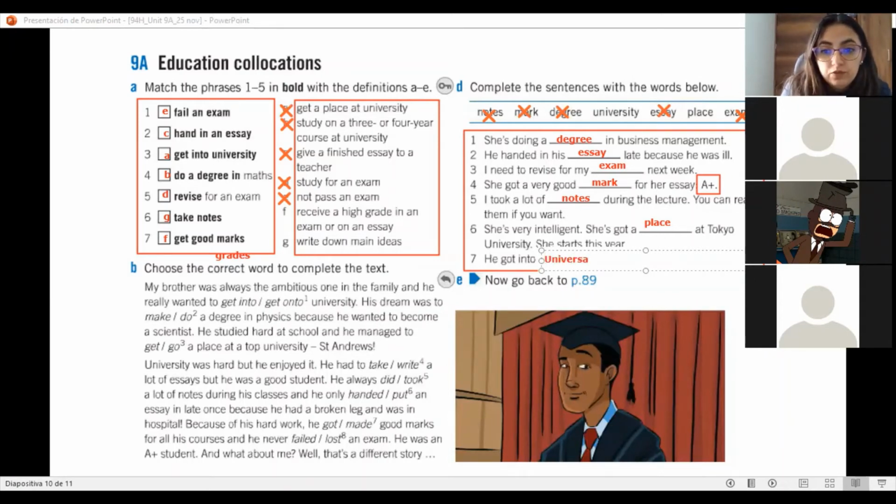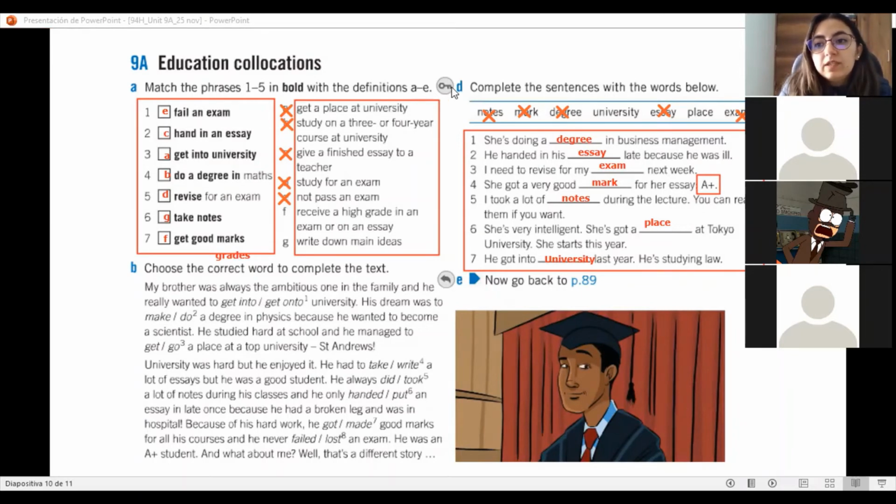He got into university last year. Okay, guys. So here we have some education collocations we're going to use a lot. Y aquí tienen algunas frases de educación o del ámbito educativo que van a ocupar mucho, ¿no?